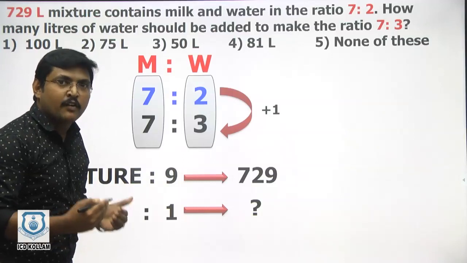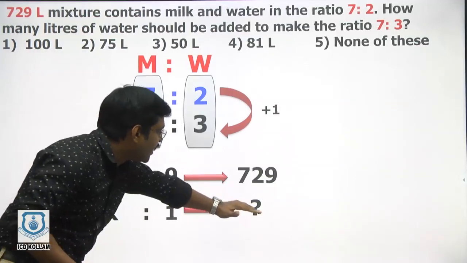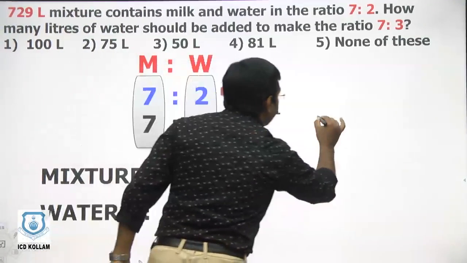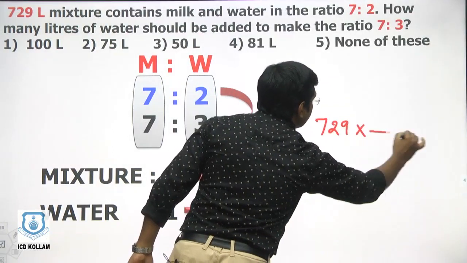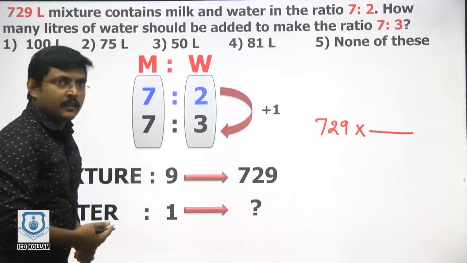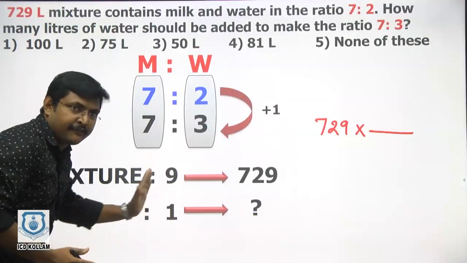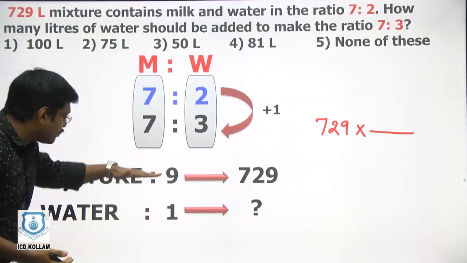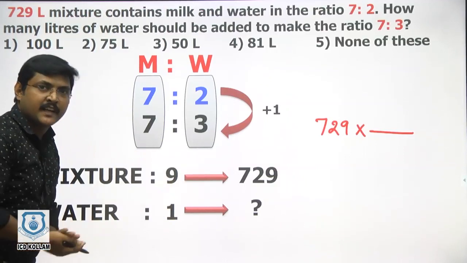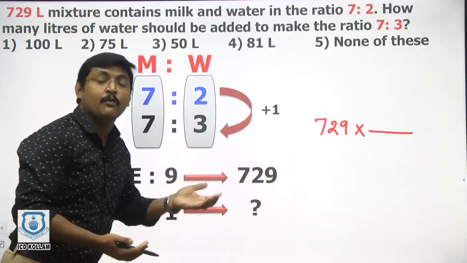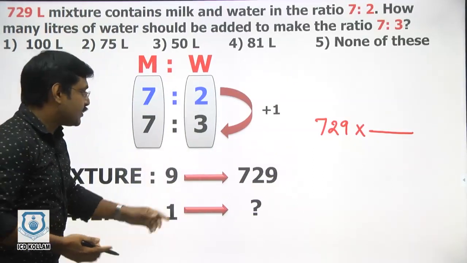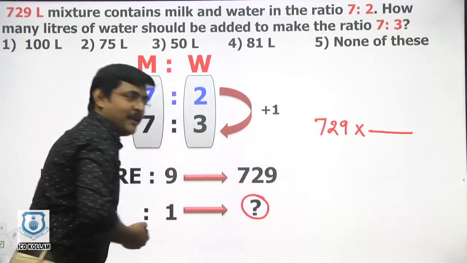The procedure for solving the broken chain method is that first we should write the value above the question mark. So I am writing that value 729 into. Next we need to write a fraction. Here when we are comparing the left hand side, from my mixture to my water, actually the value is decreasing. So in the real world also, from the mixture to the water, the value should decrease, right? So we need to get a smaller value here.